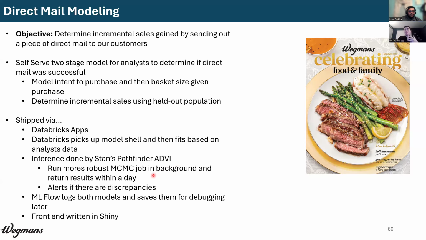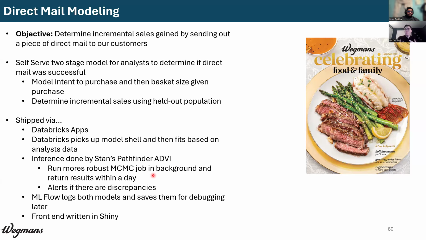But because we have full control over everything, after that model runs, we have a separate production job that does the full MCMC pipeline, fits it as you would, every other day, and you have a job that goes and checks to make sure that your Pathfinder inference is the same as your MCMC inference. If those diverge, then you get a flag and say, please check this.